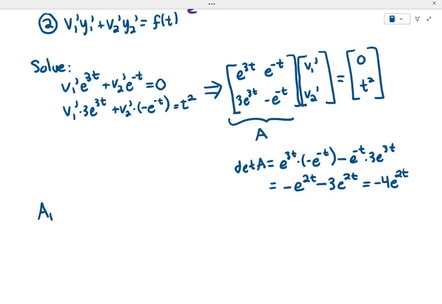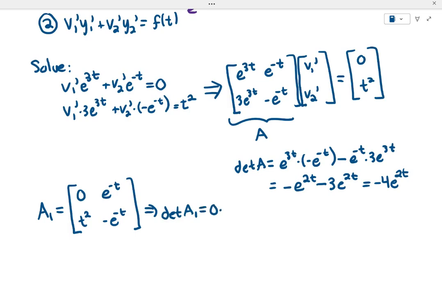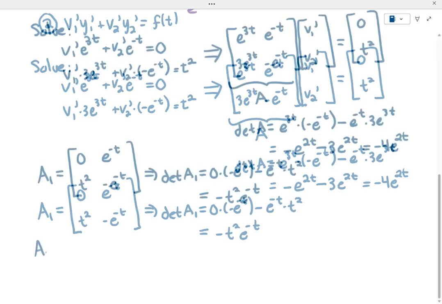A1, the matrix that we get from replacing the first column of A with the column vector 0, t squared, equals 0, e to the negative t, t squared, negative e to the negative t, and its determinant is equal to 0 times negative e to the negative t minus e to the negative t times t squared, which equals negative t squared e to the negative t.